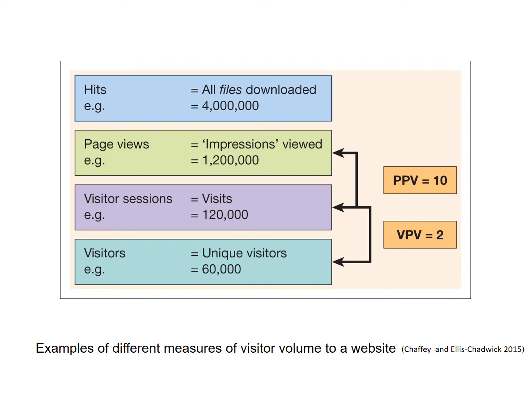And then unique visitors, unique visitors who haven't visited your site before, because these are all monitored with the IP address of that laptop. So 60,000, which represents 50% of the visits. So 50% being new visitors to the website.